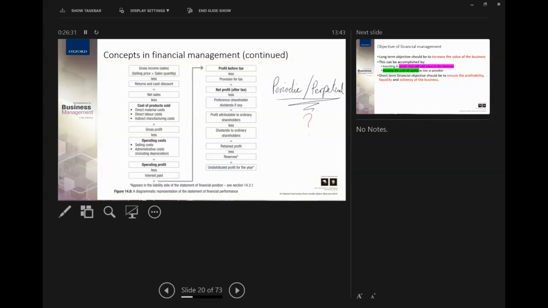There's no cost of sales. There is cost of sales there. How do we know it's a periodic? You guys are actually right, it is a periodic. So, how did you establish that it's a periodic?